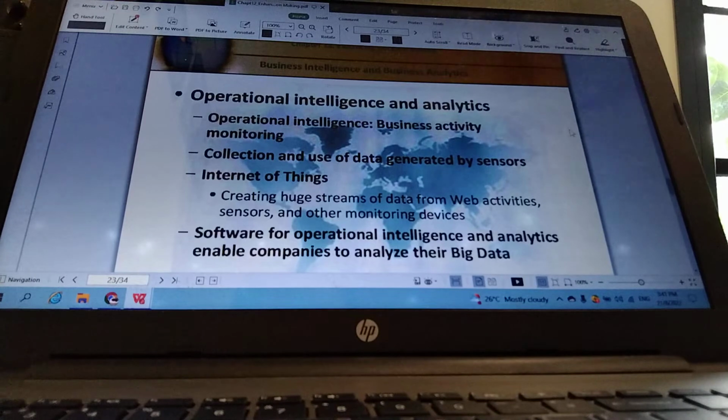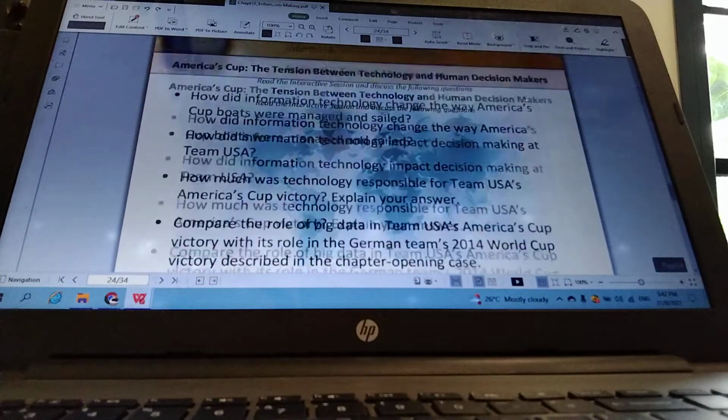The important thing is you need to collect data, you need to analyze it, and you need to use the right tool such as BI and BA for the right purpose. And definitely areas such as BI and BA are very relevant in achieving this target.